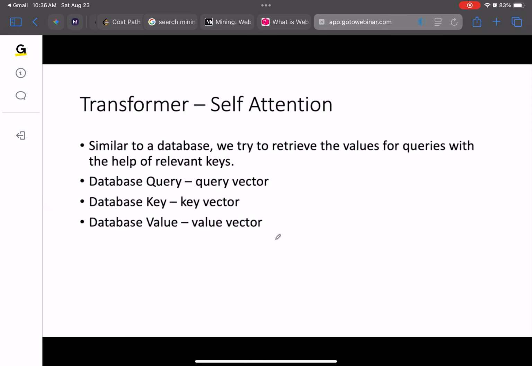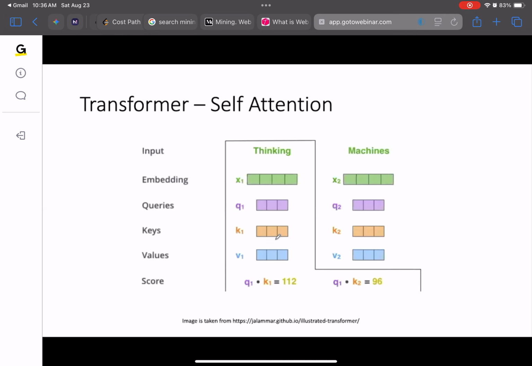So that's the process. Let's look again at how the self-attention mechanism is actually implemented. Once again, we have two words, thinking and machines, and we already saw how the query, key, and value vectors are generated.